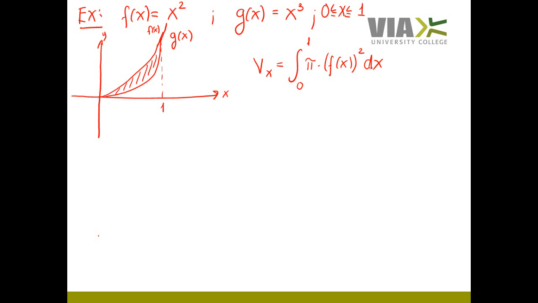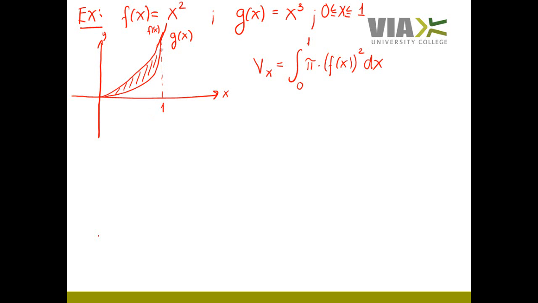We have two functions, but it's not a problem, because you can just imagine that if you rotate your so-called upper function, the function with the highest function value in the interval, which in this case must be f(x) equals x squared, 360 degrees about the x-axis, you will get a certain volume.